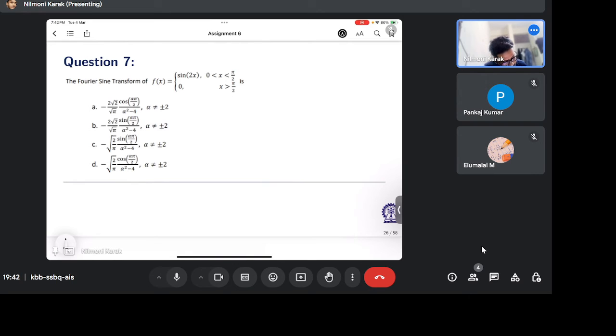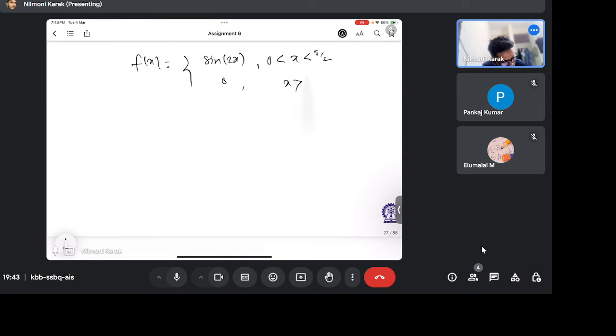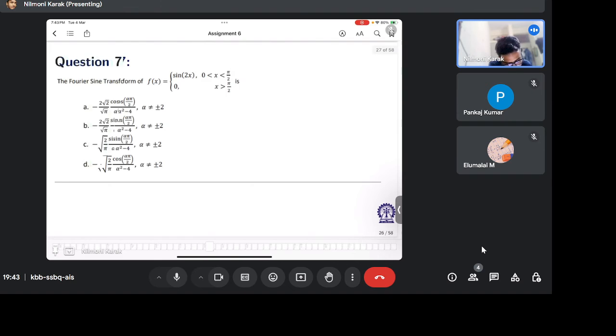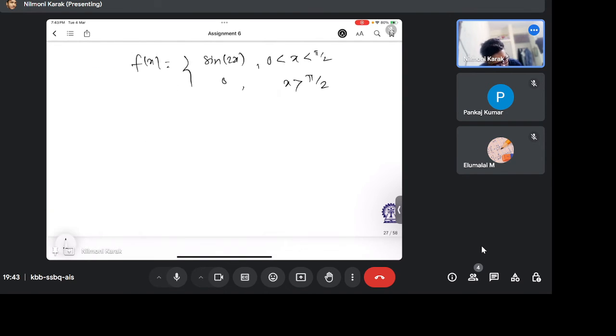So when x lies between 0 to pi by 2, f(x) is sine 2x, otherwise 0. That is, f(x) is sine 2x for 0 less than x less than pi by 2, and 0 for x greater than pi by 2. Here also they are asking for the Fourier sine transform.